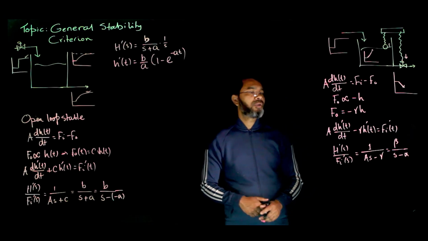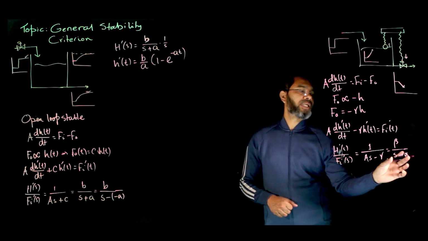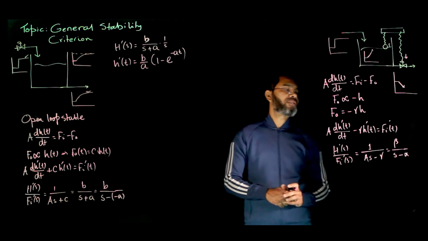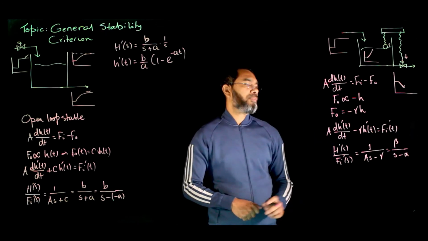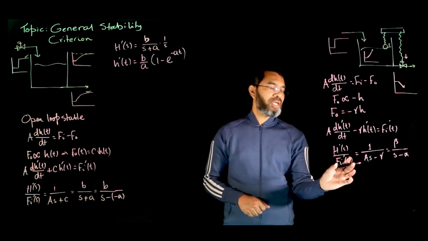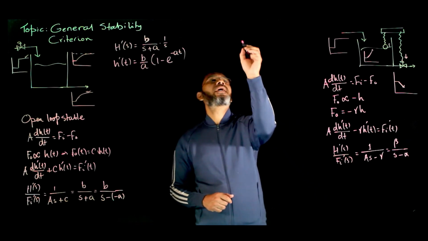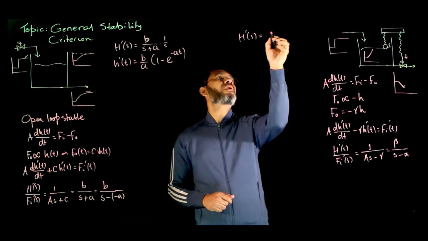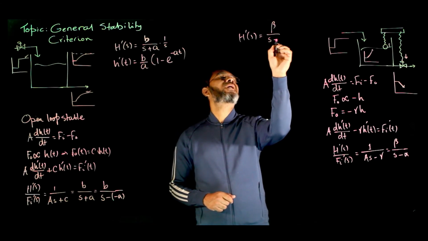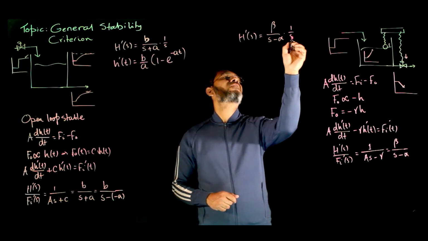Okay. Now you see that the model equation can be represented as this one, beta over s minus alpha, in the pole-zero formulation. If there is a step change in the F(s), the H prime(s) will be beta over s minus alpha times 1 over s.